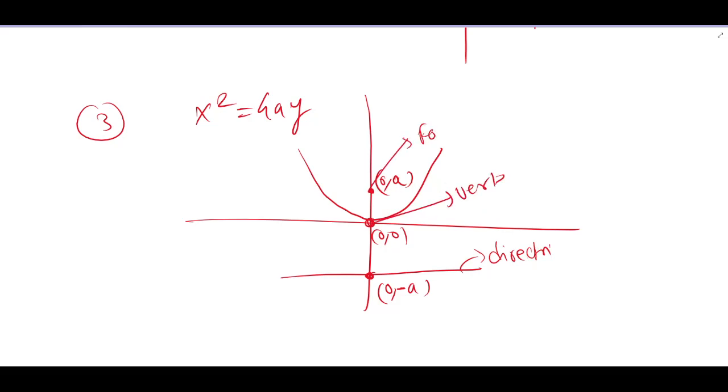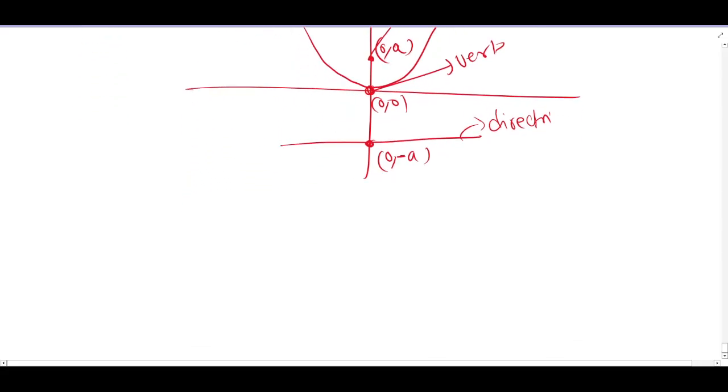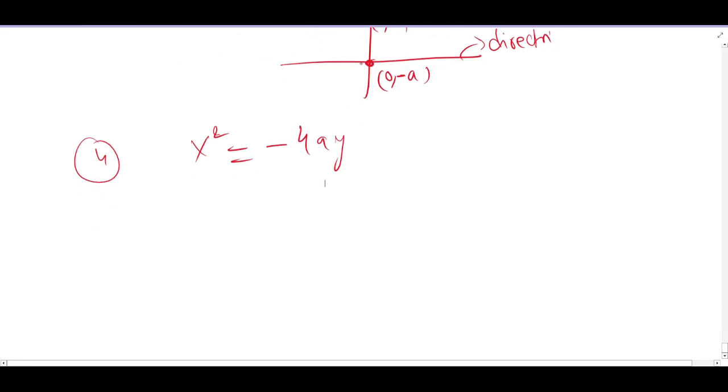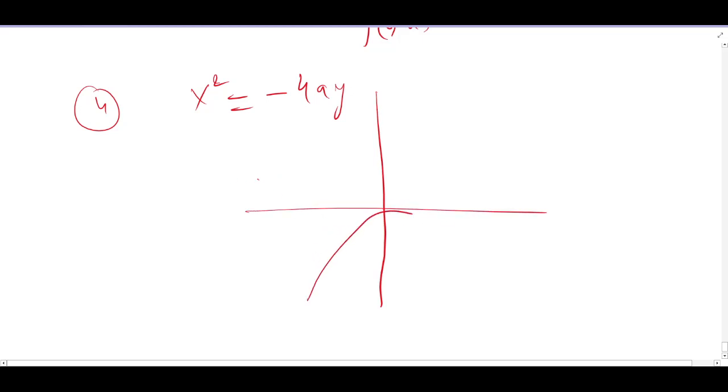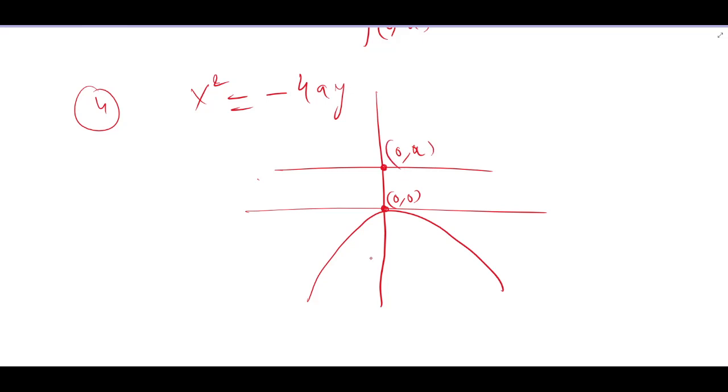This is focus. Last is x square is equal to minus 4ay. So this parabola will open downwards, where origin is vertex and directrix is at 0 comma a and focus will be at 0 comma minus a. This is focus, this is directrix.